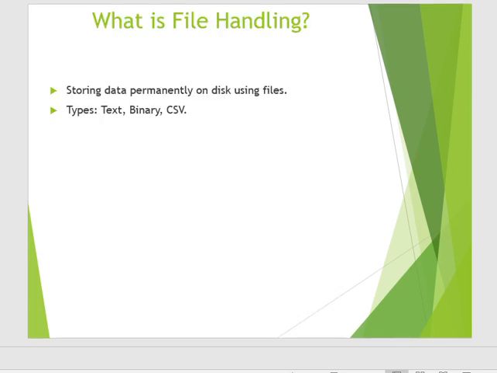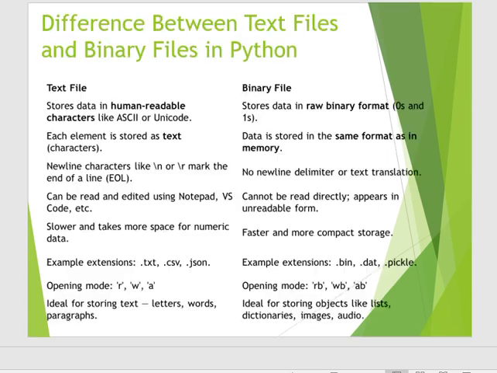Data files can store data permanently for a specific application for later use. The data files can be stored in two ways, text file and binary file. We can even use CSV files, but CSV files will be covered in the next slides.